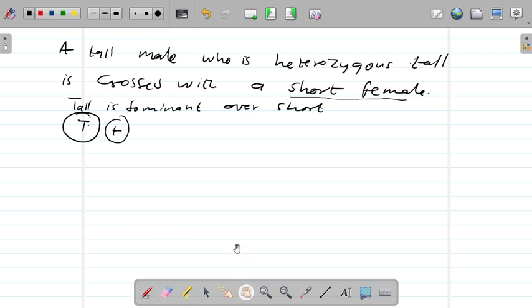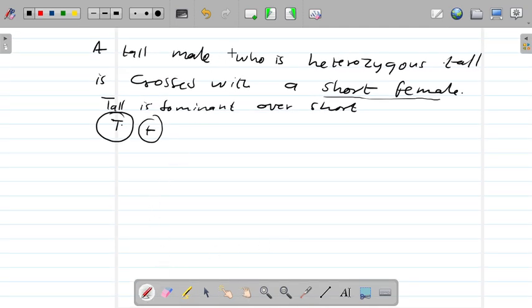Before the Punnett square, I usually say get the genotype. For a tall heterozygous male, we say tall is dominant, so that means a capital letter T, and another allele here.